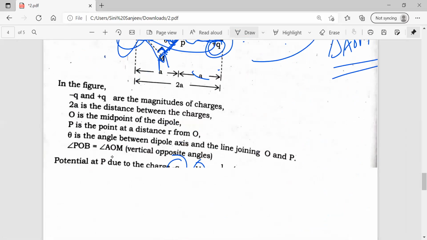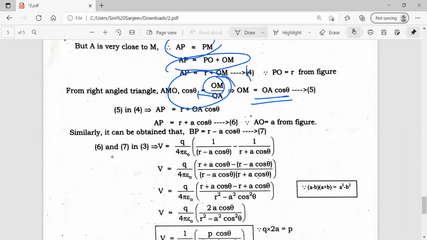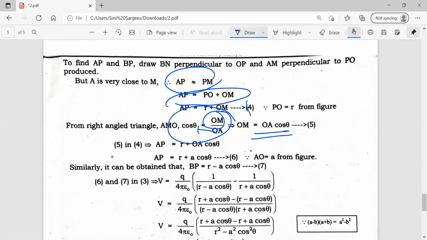So that's one error I would like to point out: AP is equal to PO plus OM. No, it should be PM. PM only can be PO plus OM.